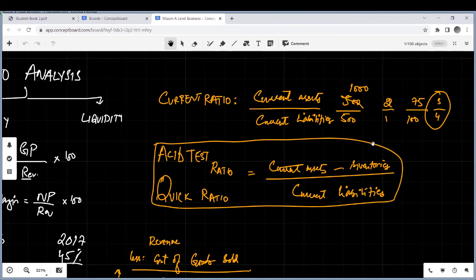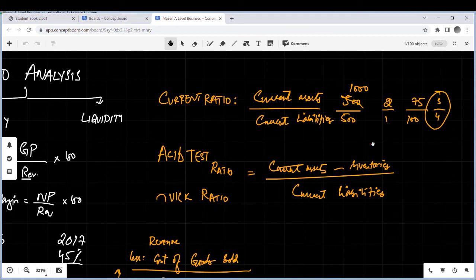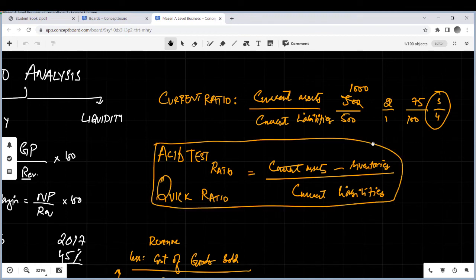Acid test or quick ratio, it's two different names for the same thing. Current assets minus inventories.